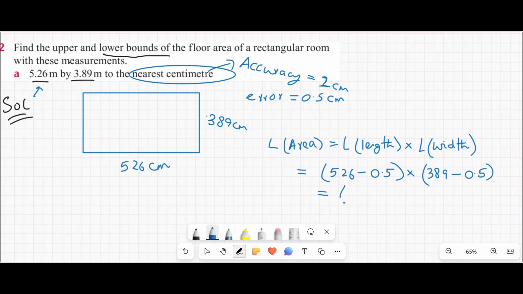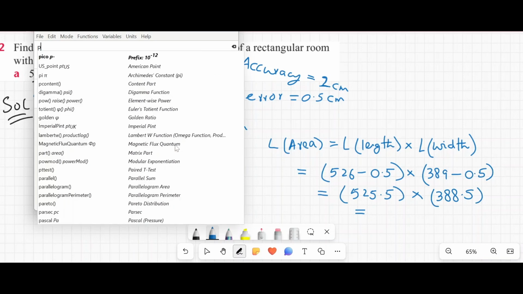So in the end we will get 525.5 into 388.5. Let's use the calculator to see how much.